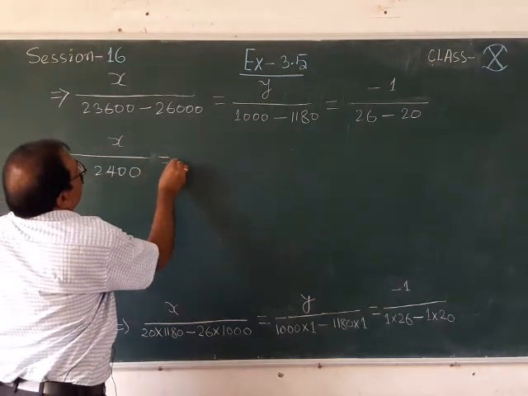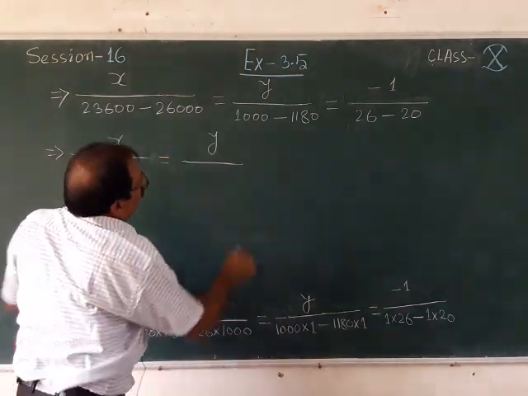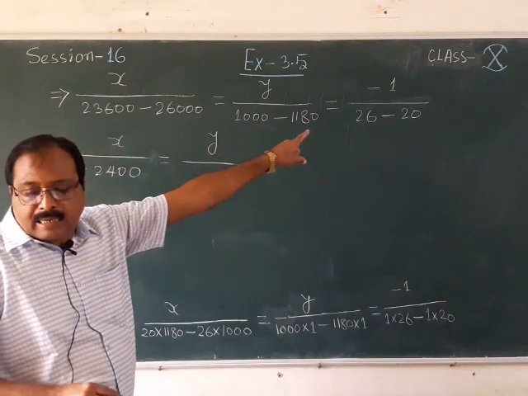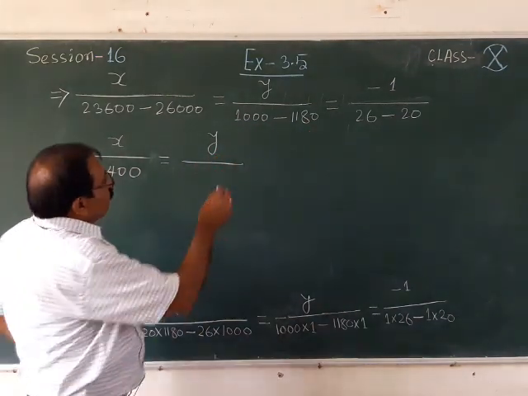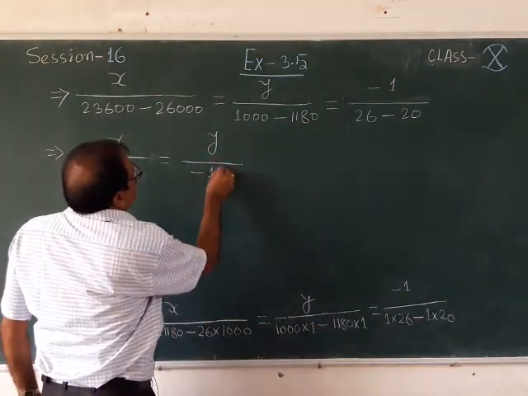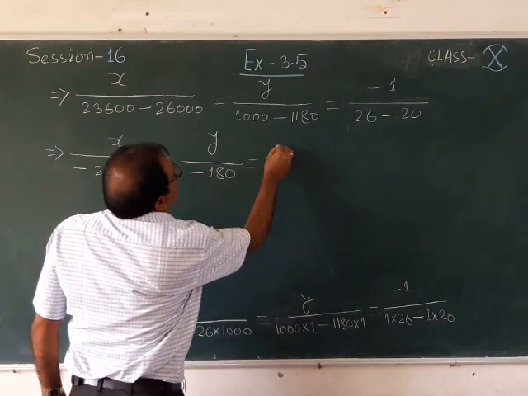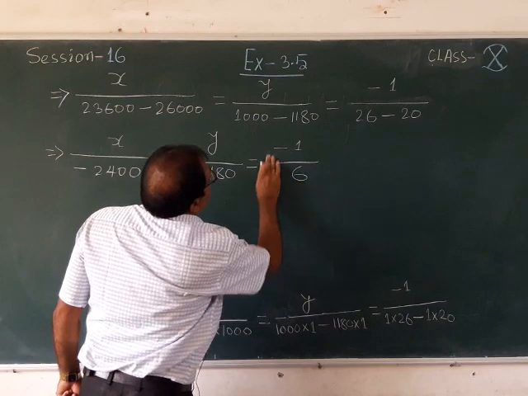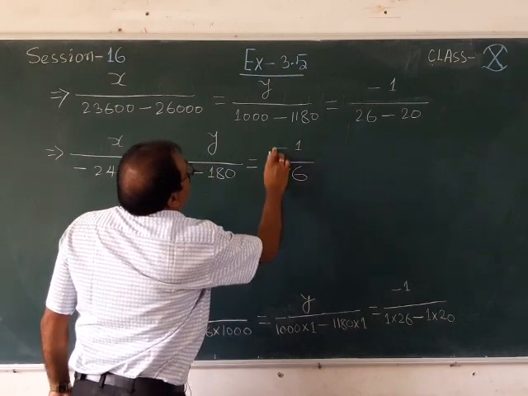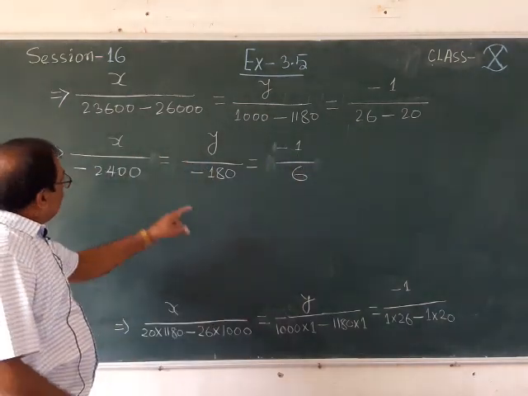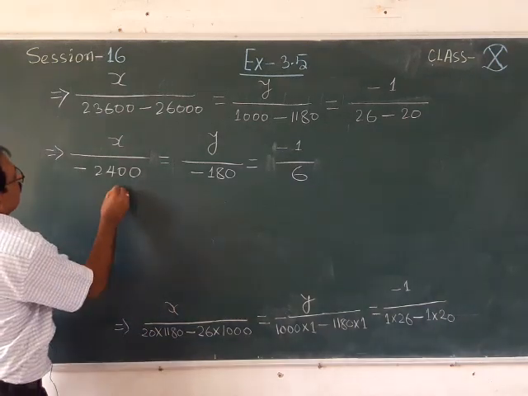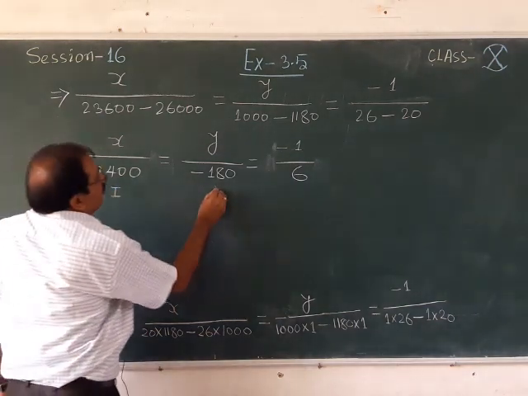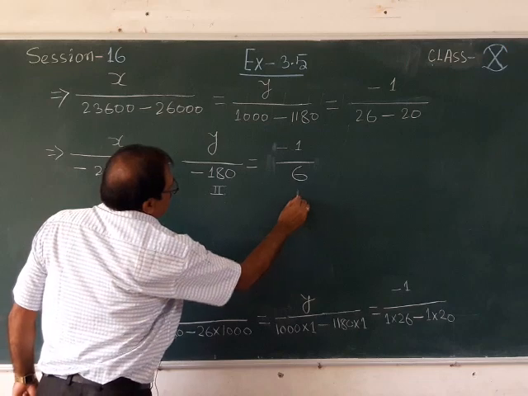Now it is equal to y upon 1000 minus 1180. That means you will get minus 180 here, and here you will have minus 1 upon 6. Now after writing it, this is first, this is second, and I can write over there, this is third.